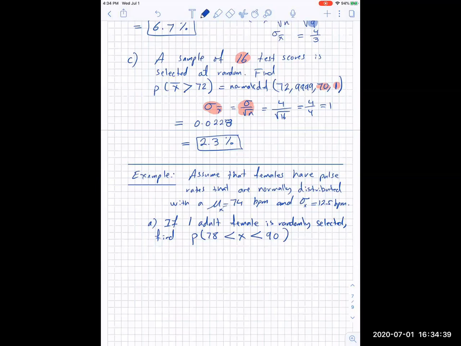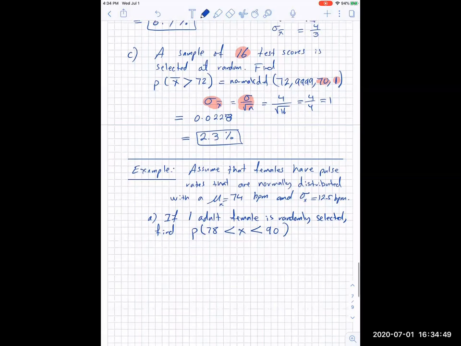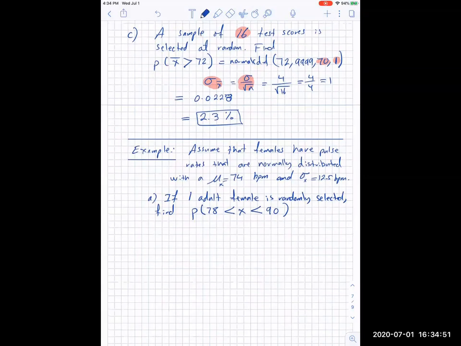For one adult female, what is the probability that her pulse rate is between 78 and 90? Answer: normal CDF, right? Because the distribution of pulse rates is normal.